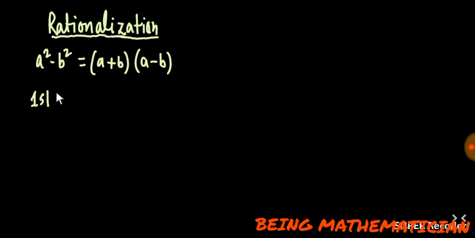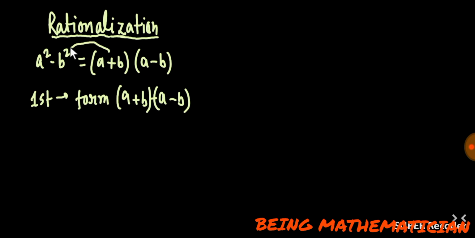First, form a plus b into a minus b, then write a square minus b square. So in this way, we can rationalize an irrational expression.